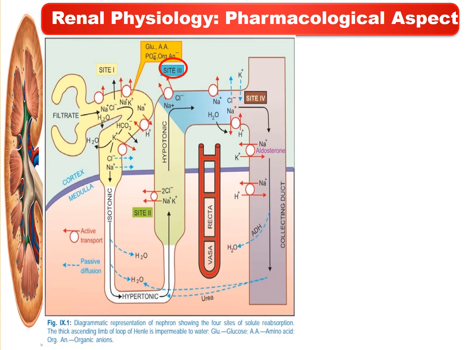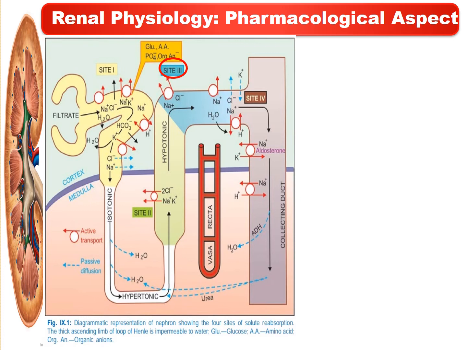Whereas the chloride moves down its electrochemical gradient into the extracellular fluid and carries the sodium along with it. So the urine again becomes hypotonic and it moves towards site 3.